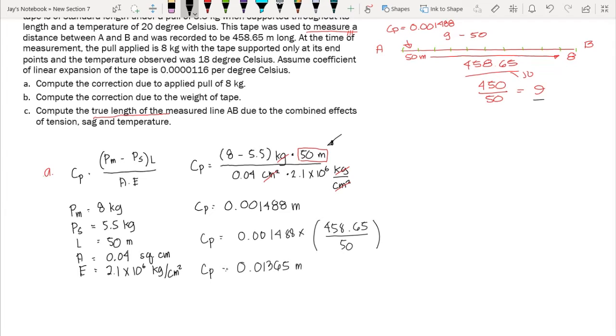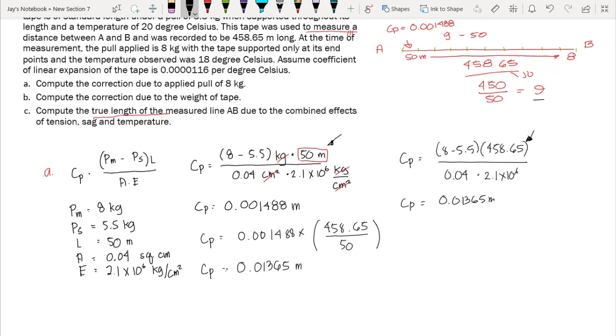Okay? Now, what if we use 458.65 meters instead of the 50-meter distance? So we use CP is equal to 8 minus 5.5 times 458.65 divided by 0.04 times 2.1 times 10 raised to the 6. The answer should be 0.01365 meters.